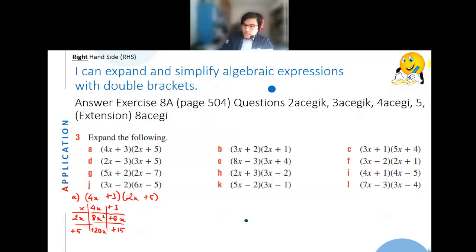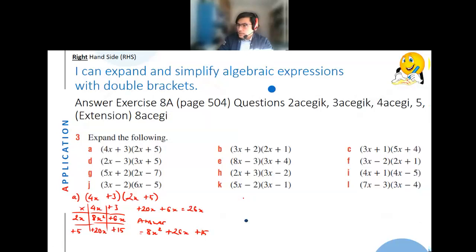All right, so combining the 20x and the 6x, we can get 26x. And so our answer will be 8x squared plus 26x plus 15.